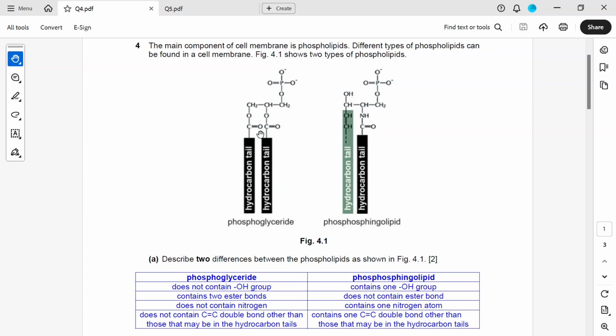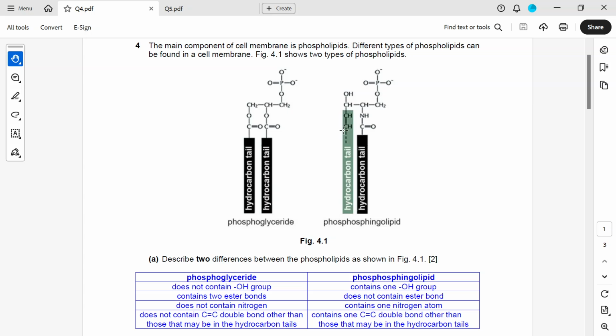So these 2 hydrocarbon tails with the carbonyl groups, what used to be the carboxylic acid group, are both fatty acids. This is the normal structure of the phospholipid that you learned: 1 glycerol, 2 fatty acids, and 1 phosphate group. But for the phosphosphingolipid, you can see that the one in black with the carbonyl is a fatty acid.